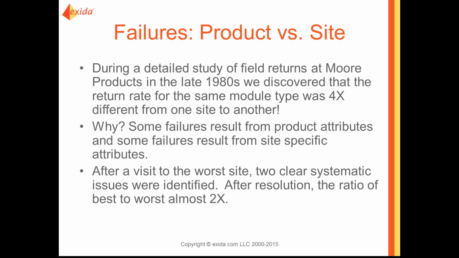When those were corrected, it cut that site's failure rate down from 4x to 2x, the best case. So systematic failures can result in really dramatic swings in experienced failure rates.